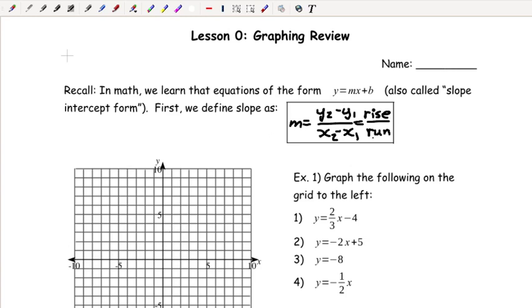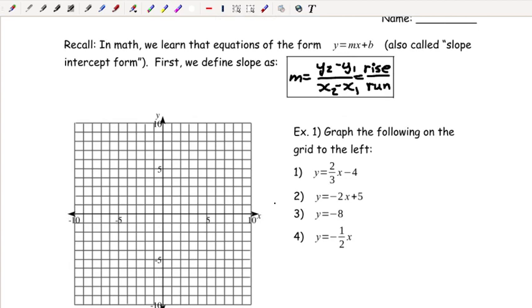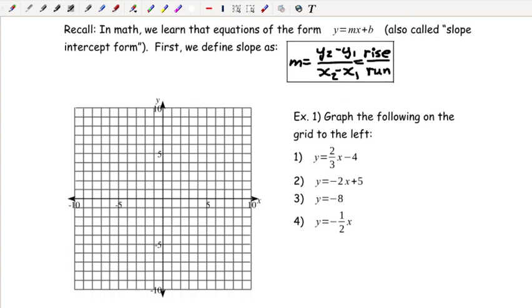Rise over run ends up being pretty helpful most of the time. It's only for given points directly that we usually use this formula. So, a few examples. It says graph the following on the grid to the left.